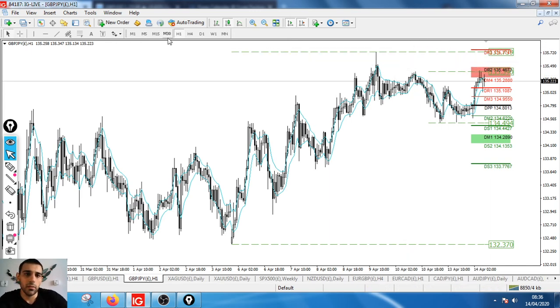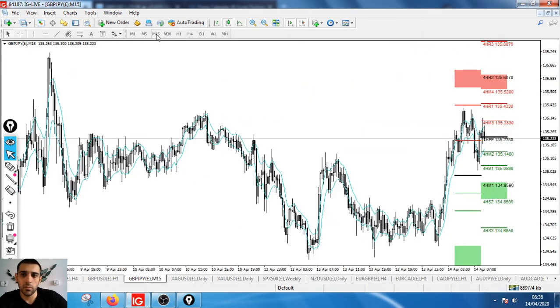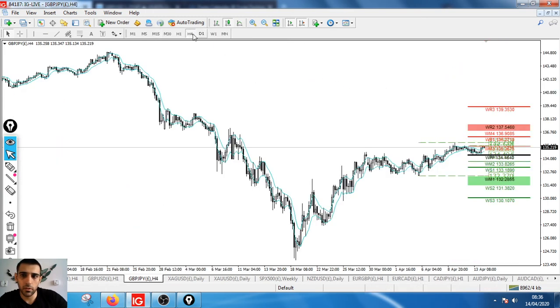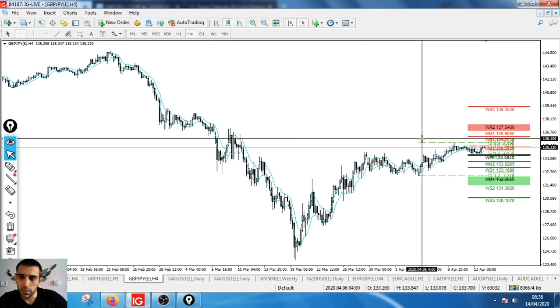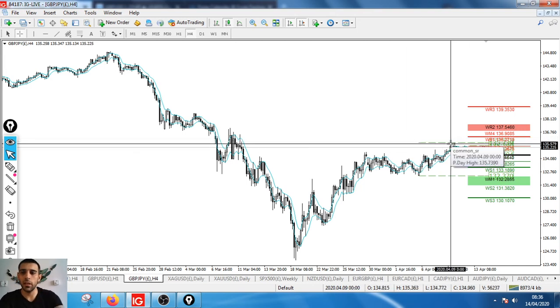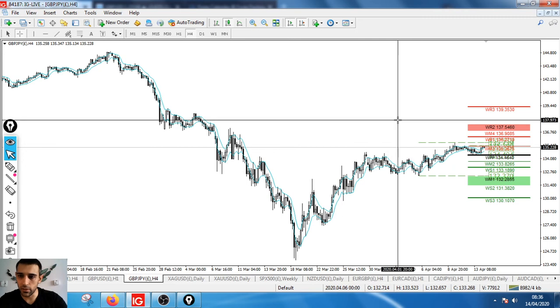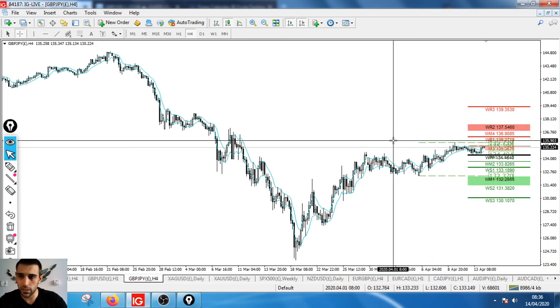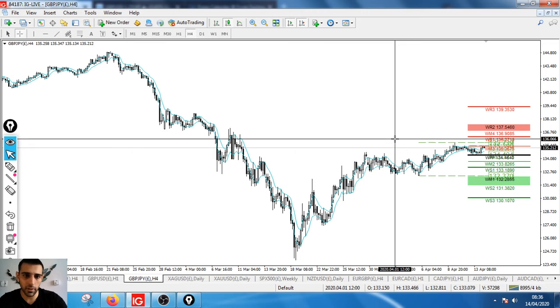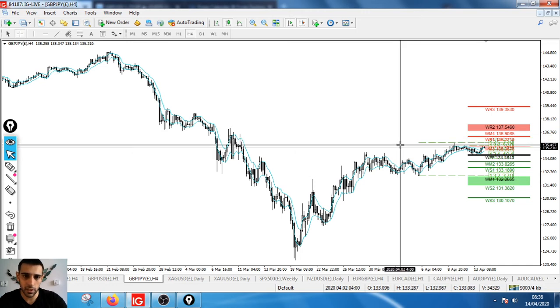Let's see what we have on the daily. No, we don't have anything in here. So we're going to use the 4-hourly, because on the 1-hourly time frame there's not really much on the left-hand side that we can use as an entry. So if the price comes up to 136, roughly 136.10, then we want a retracement.